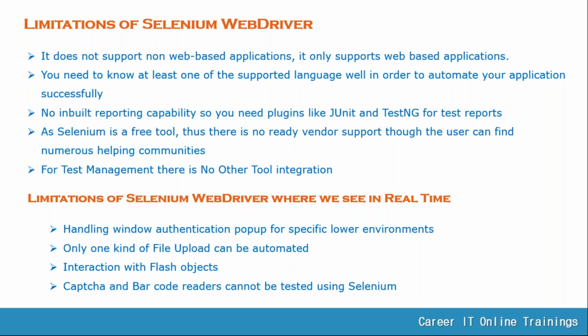Suppose if there is no captcha, some hackers can easily log into the application n number of times and increase the network traffic. Like that they can hack the application or its data. That's why these captchas or barcode readers cannot be automated by using any tool basically.